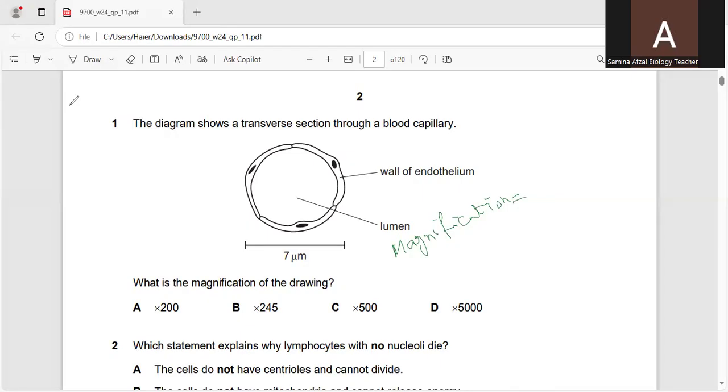Now you can see magnification is equal to diameter of drawing divided by actual diameter.